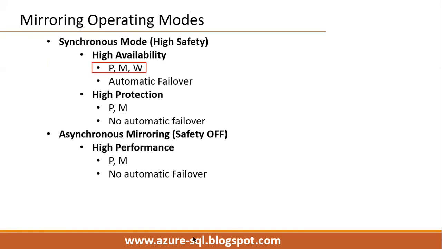Let's say a user is making some transaction and immediately the principal goes down. The user will get an error message, your transaction failed, retry. Once the user clicks on the retry button, the transaction succeeds. Why? Because the mirror has become principal and immediately starts processing the queries. Such a type of slight disturbance is there.